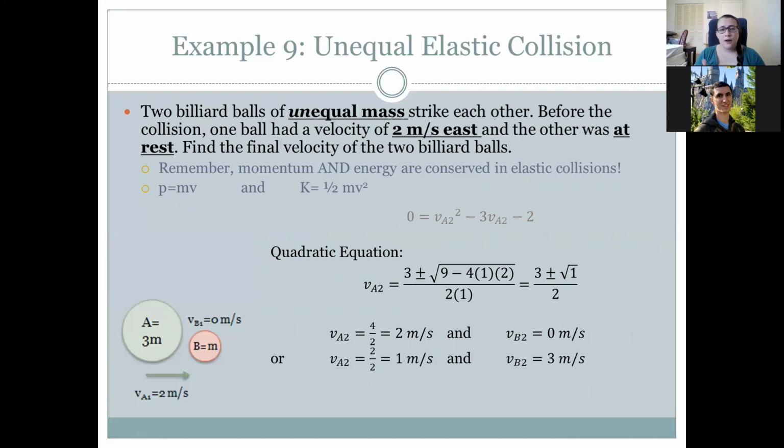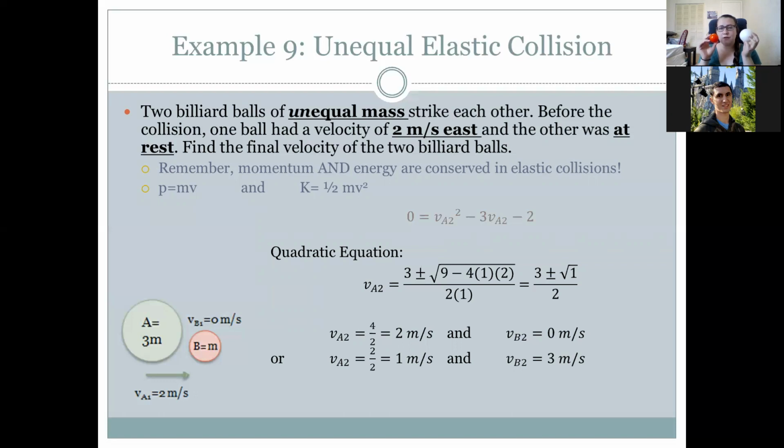Okay, so how do we know in this case which set of answers is correct? Well, let's just think about what's actually happening here. Initially, ball A is moving at 2 meters per second, and ball B is at rest.